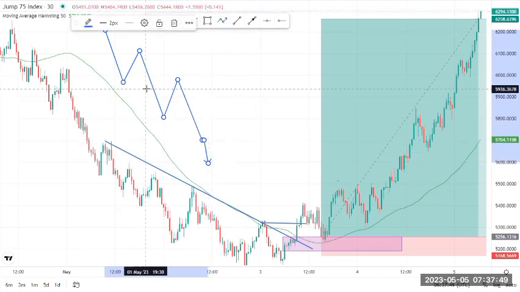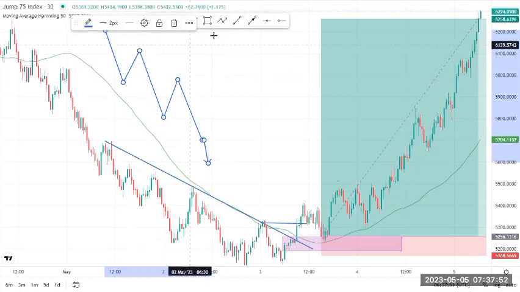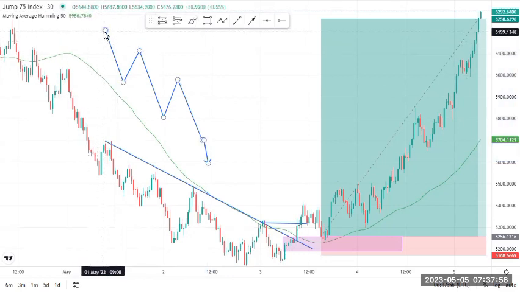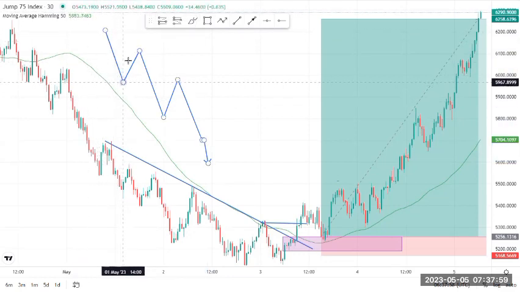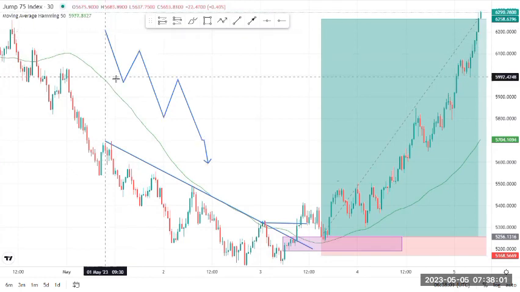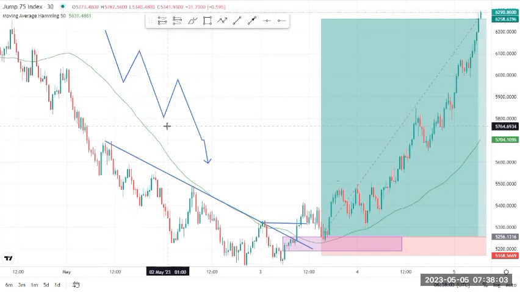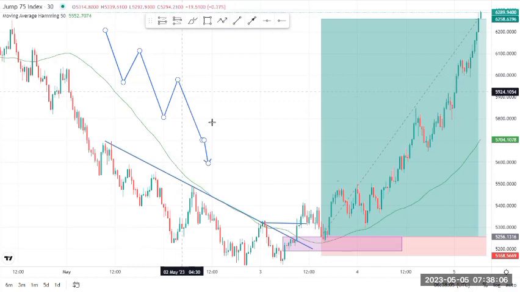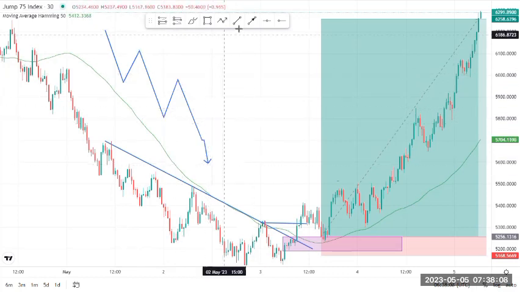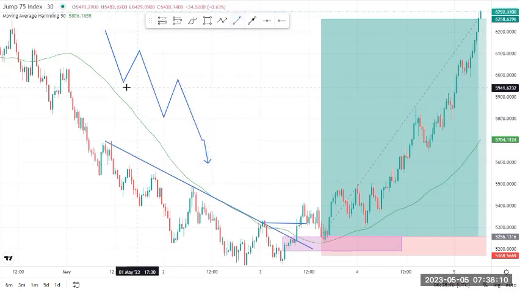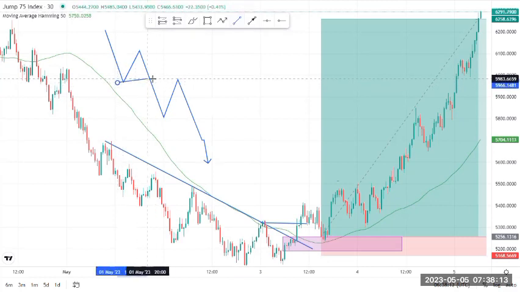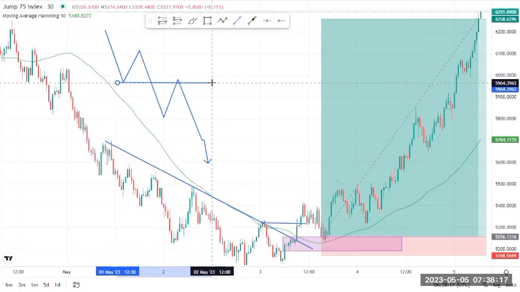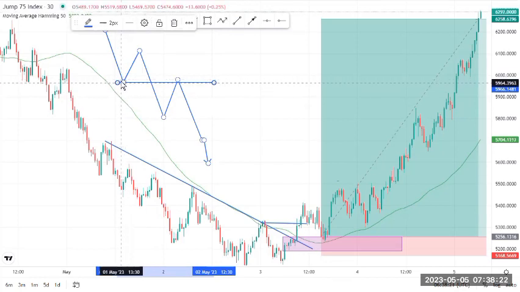So whenever you see price giving you a high, a lower high like this, and then a low, then a lower high, a lower low, a lower high, a lower low, like this, a break of structure is that point where price broke the previous low, right? The point where the price broke the previous low.